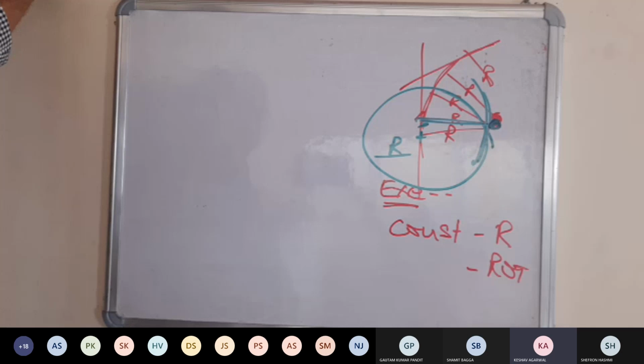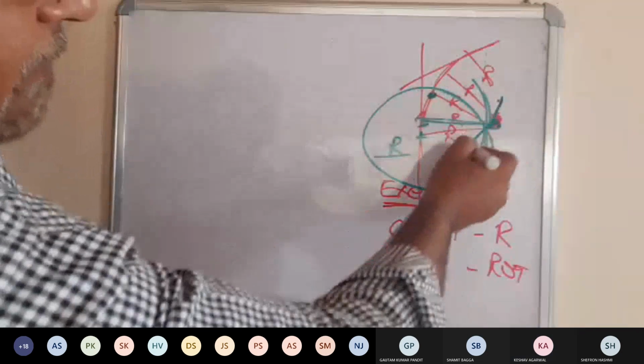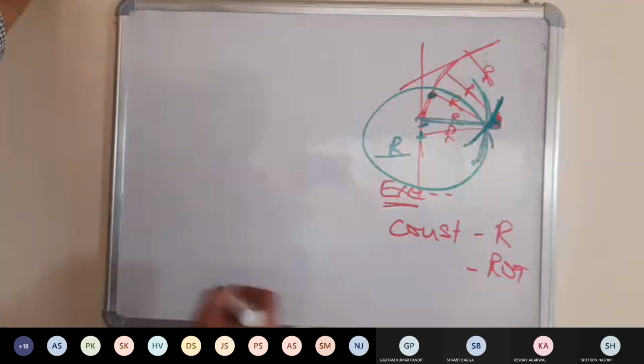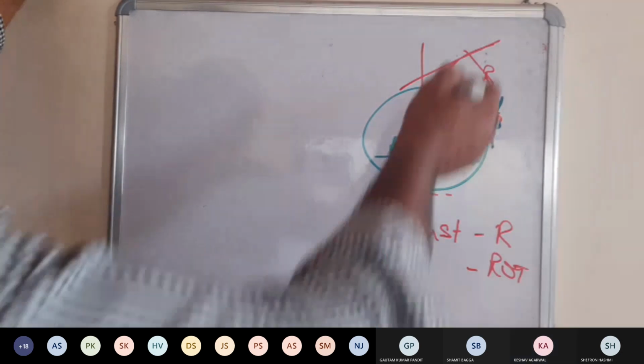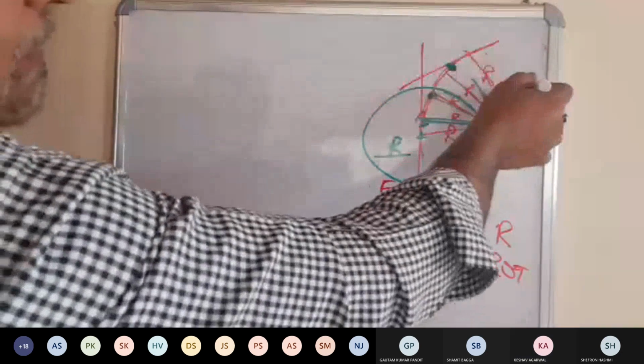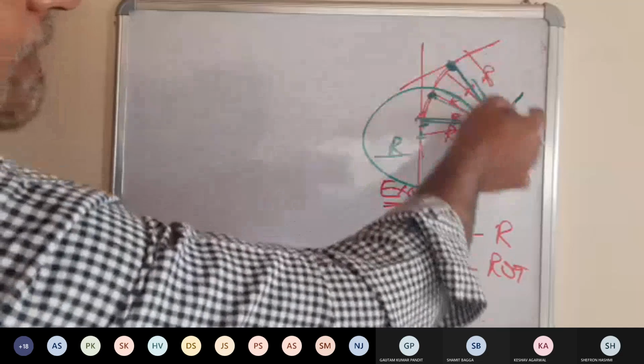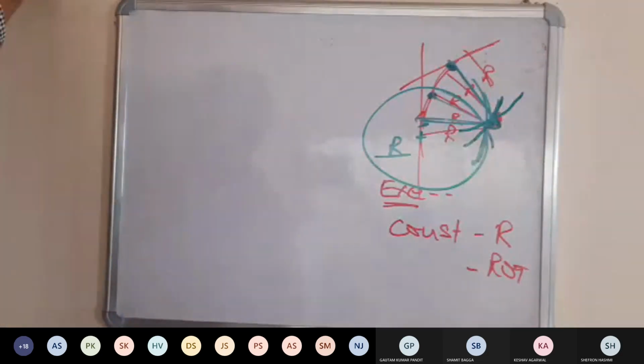When we are here, the VRM will be like this, again touching, because the distances are the same. Again when we are reaching here, the VRM will be like this. Again, the distances are the same.